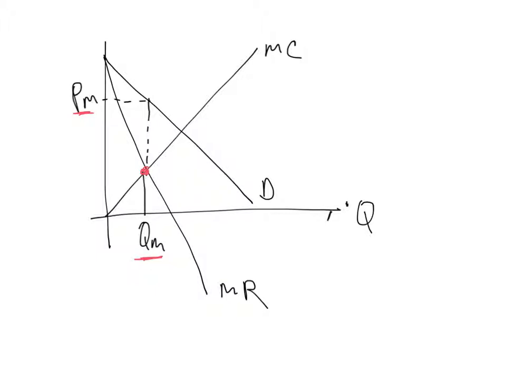Okay, now remember what a supply curve tells us in competition. In competition, in the industry as a whole, if we have a supply curve, you pick the price, and that tells you how much quantity would be produced.